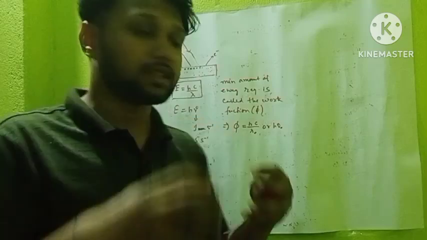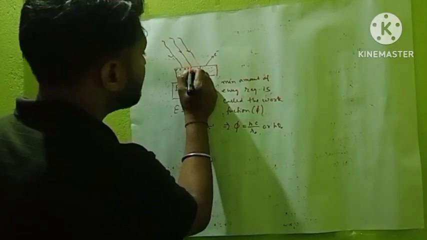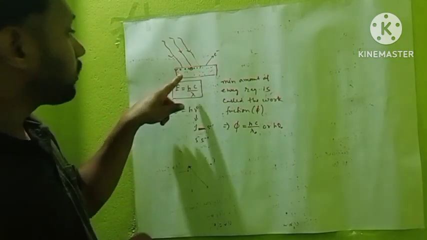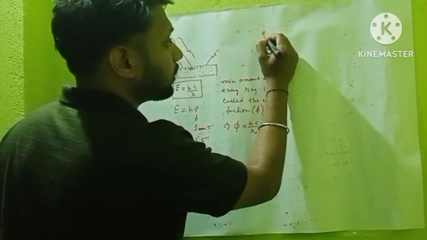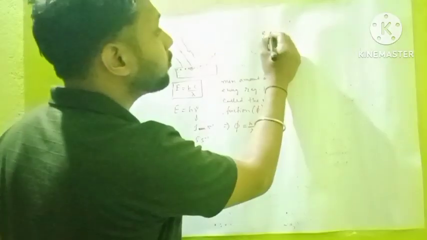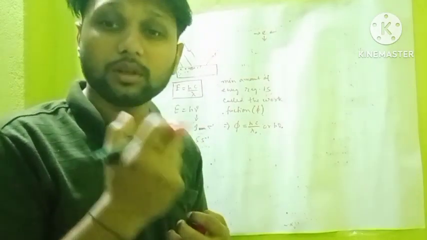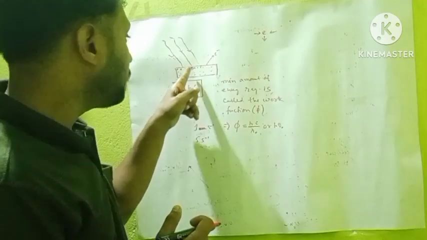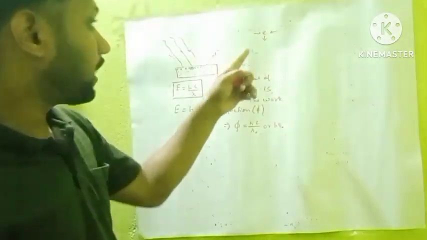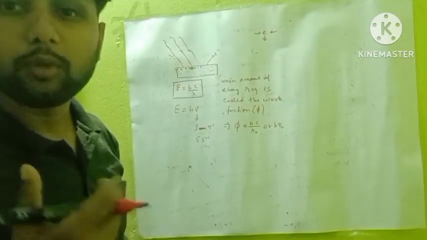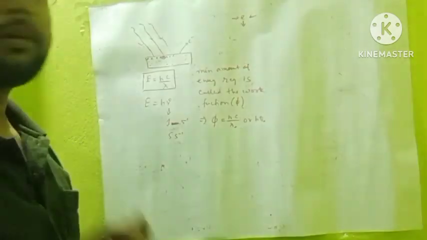Because of those bonds, a particular electron is attracted by the electrons below it and beside it, all of them attracting. So if we are releasing this electron, we are overcoming those bonds, and the work function is the minimum amount of energy needed for that.